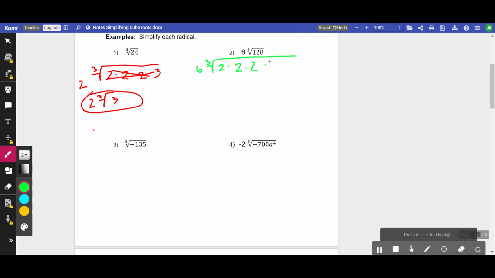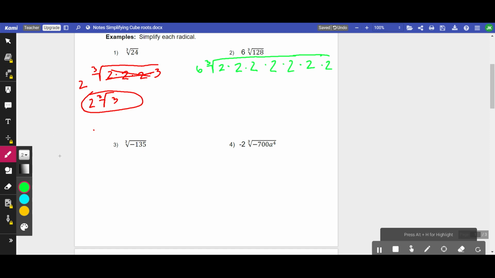With 16, you could take another 2 out, which would then be 8. And 8's still even, so you can take another 2 out, which would give you 4. And once you're at 4, you can divide by another 2, and you will get 2, which is still prime. So pretty much you'll have seven 2s here. And you can always double check and multiply this 2 together 7 times. You will get the 128.